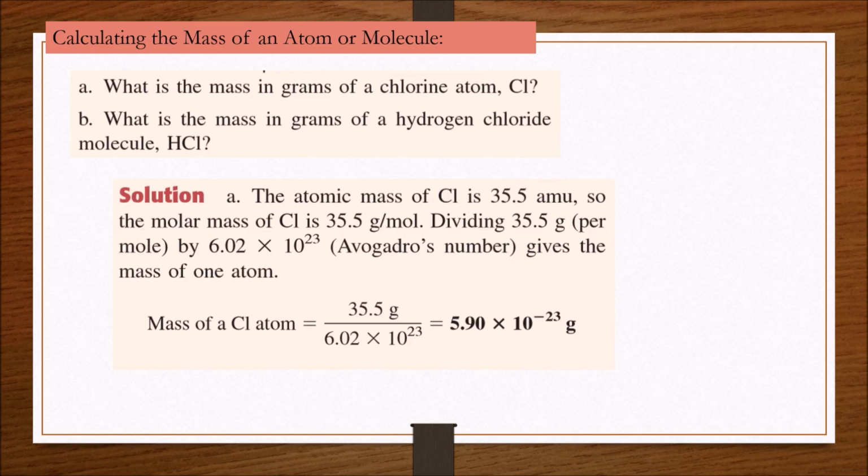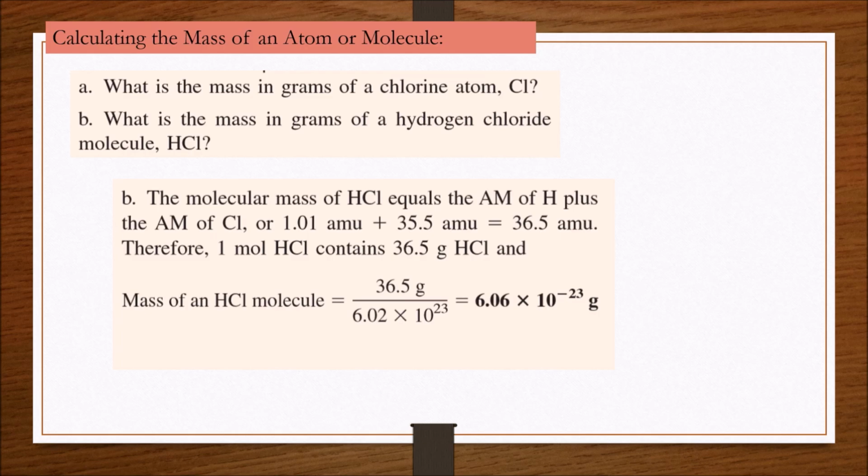It gives us the mass of one atom. So for letter A, the mass of a chlorine atom is simply 35.5 grams divided by 6.02 times 10 to the 23, which gives you 5.90 times 10 to the negative 23 grams. Okay?